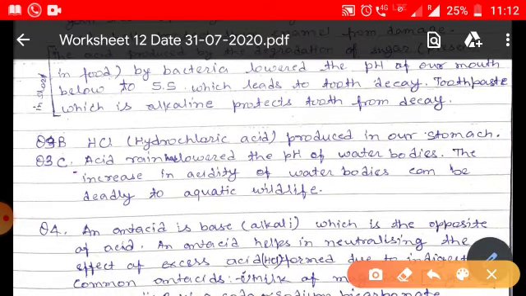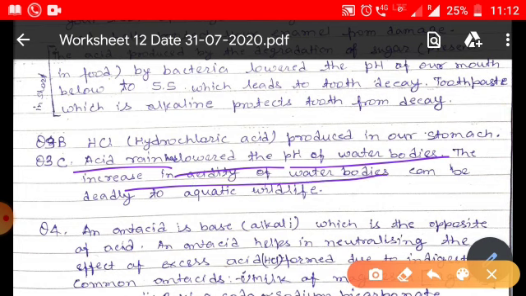We know acid rain lowers the pH of water bodies and increases the acidity of the water body. It can be deadly to aquatic wildlife, it has a very harmful effect on aquatic animals, and it also causes the death of aquatic animals because the environment changes.